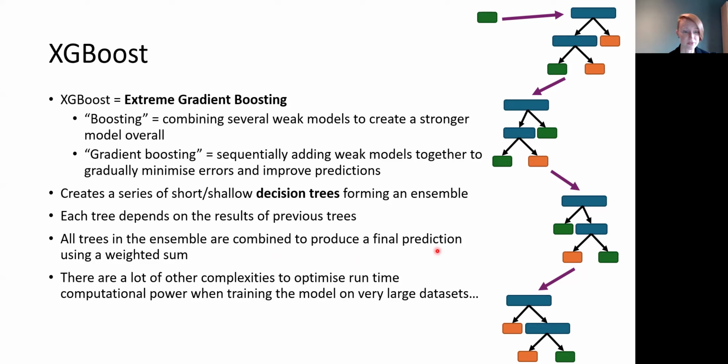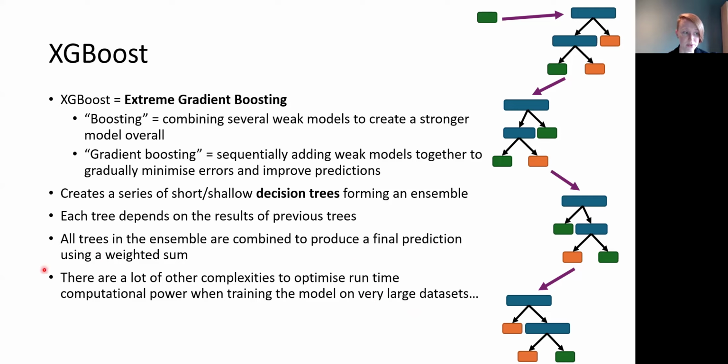This is an oversimplification. There are a whole load of other complexities. It's just a small part of XGBoost, which is the model prediction part. There's a whole load of other complexities to optimize the runtime and decrease the amount of computational power you need to run this model, which can be used when you're training on very, very large data sets.